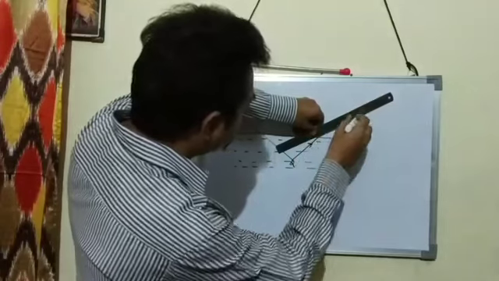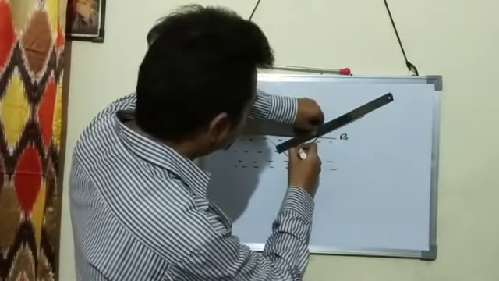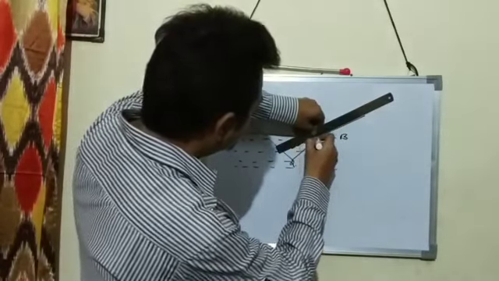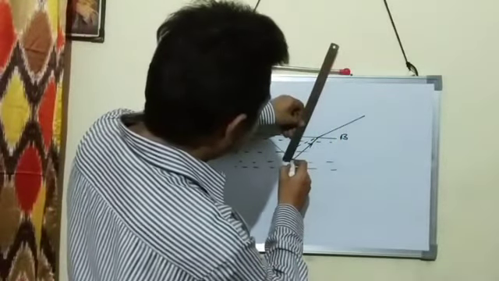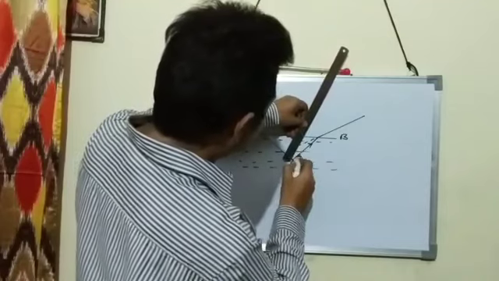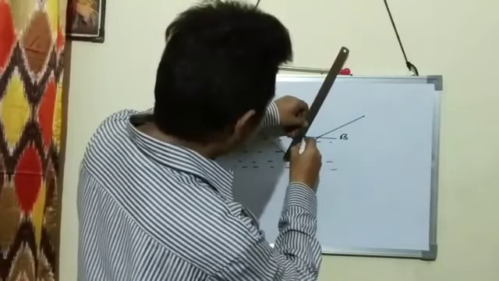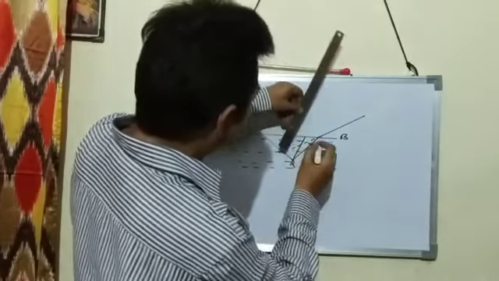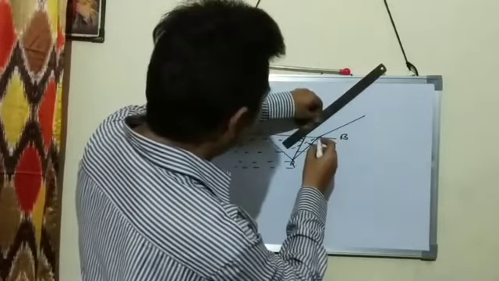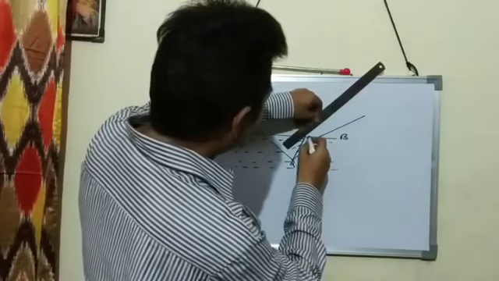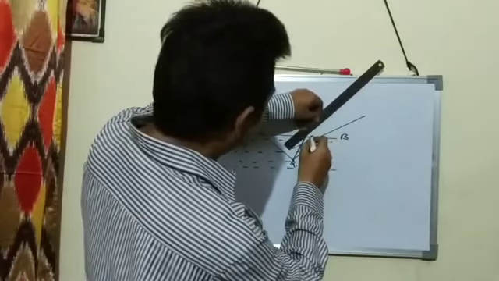This is the refracted ray produced. Now I draw another incident ray from the same point by making another angle of incidence. This also moves away from the normal.